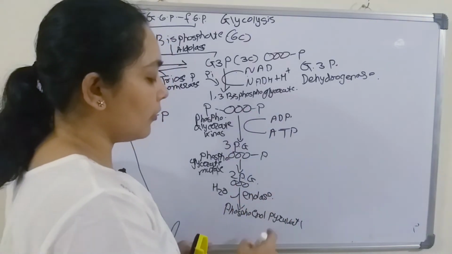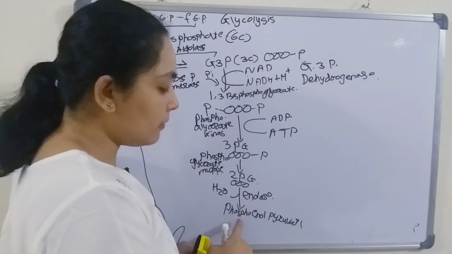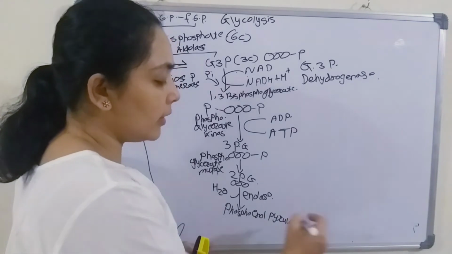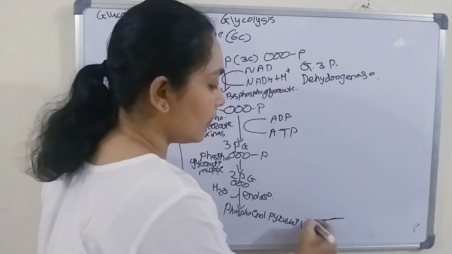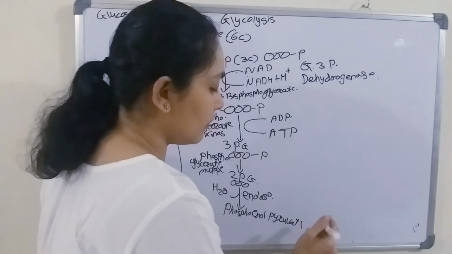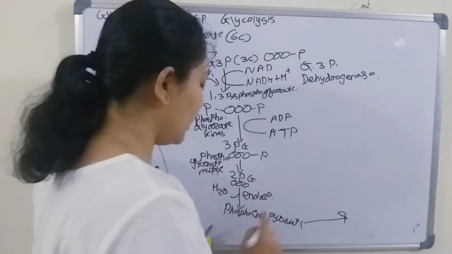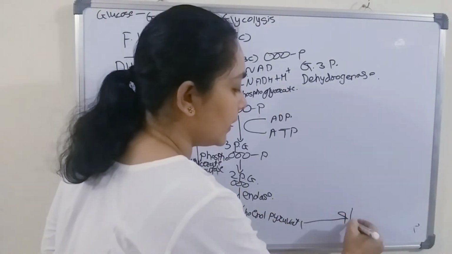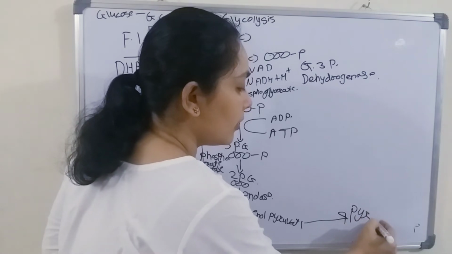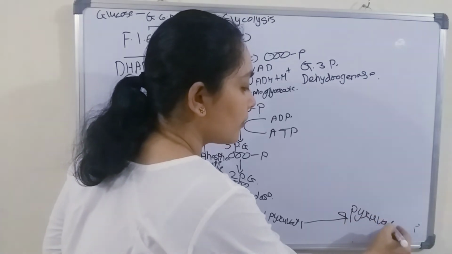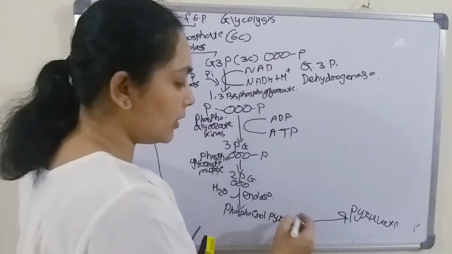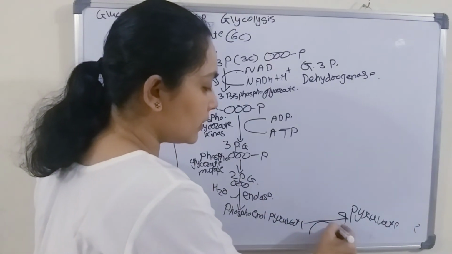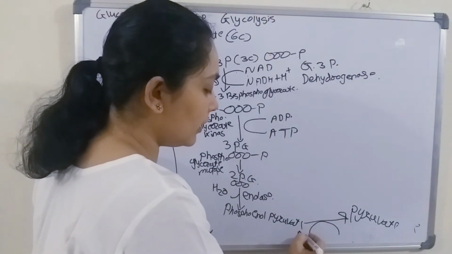And now finally from phosphoenolpyruvate we'll get our ultimate product of glycolysis. We'll write this step very prominently. Phosphoenolpyruvate will finally give pyruvate, and the one phosphate group which was present here, so definitely one more molecule of ATP will generate.